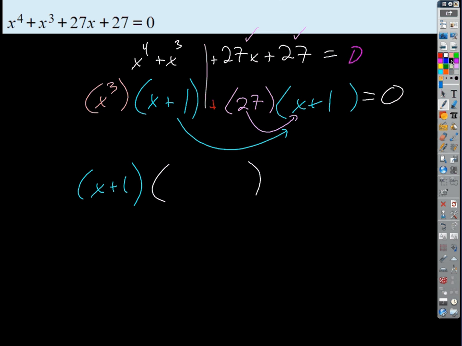Let's see, Juliana, what's going to be left over from group 1 when I undistribute the x plus 1? If that gets factored out, what's left behind? Is it x? Mm-hmm. Plus, what's left over from group 2? 27. There you go.